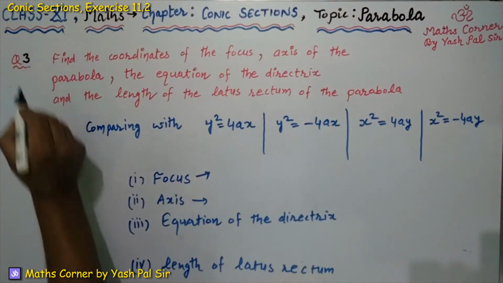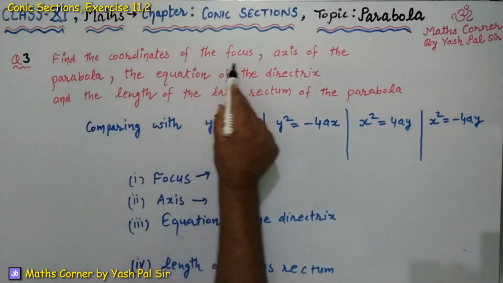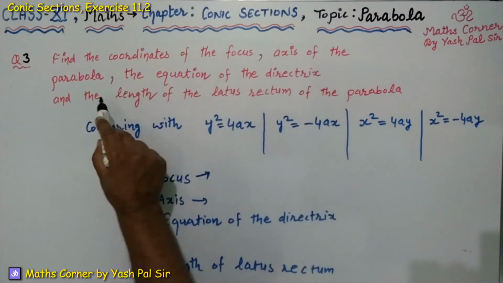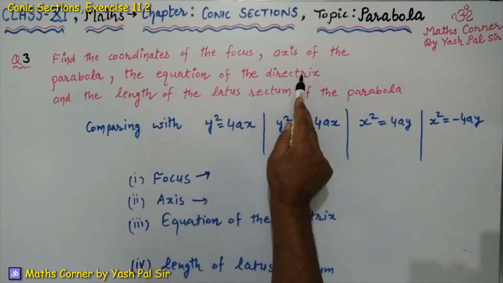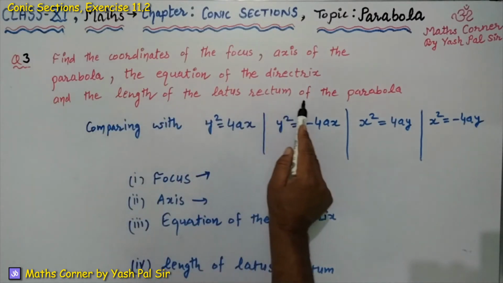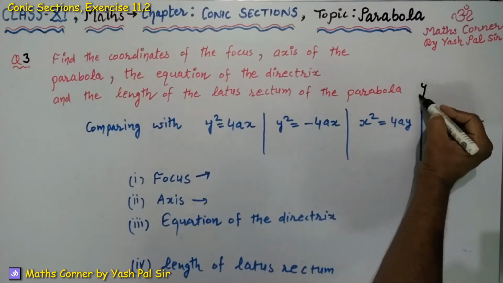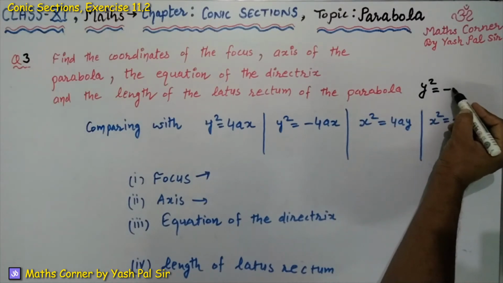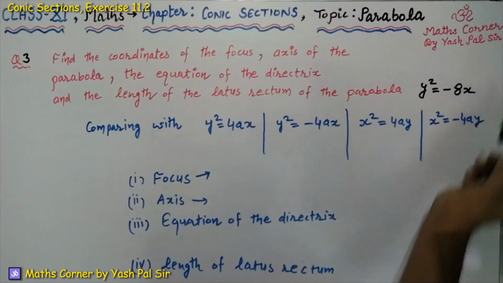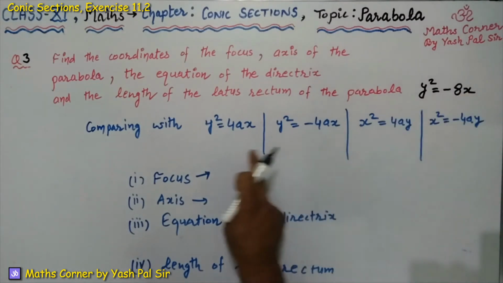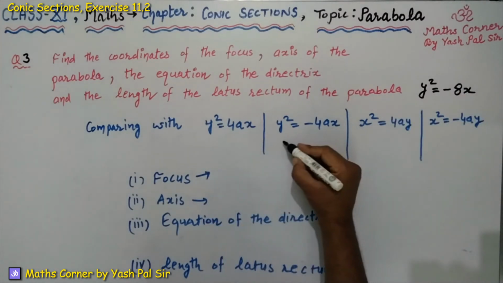Now coming to the next question. Question number 3. Find the coordinates of the focus, axis of the parabola, the equation of the directrix and the length of the latus rectum of the parabola. Equation is y square is equal to minus 8x.